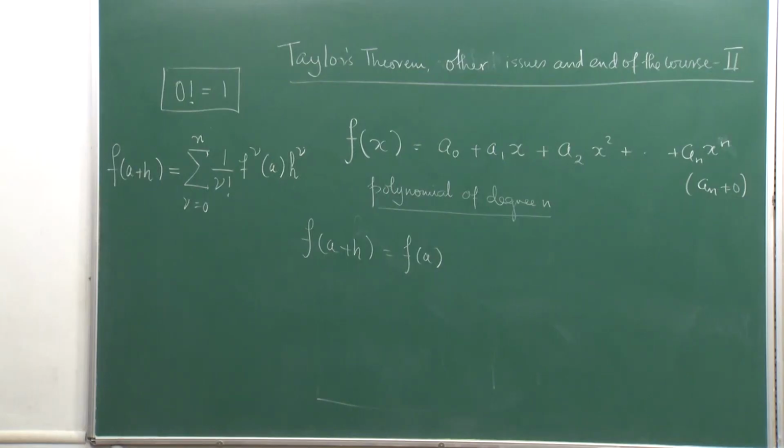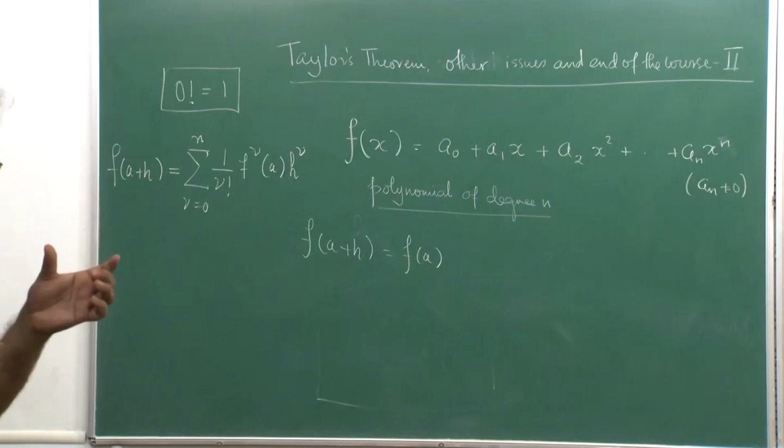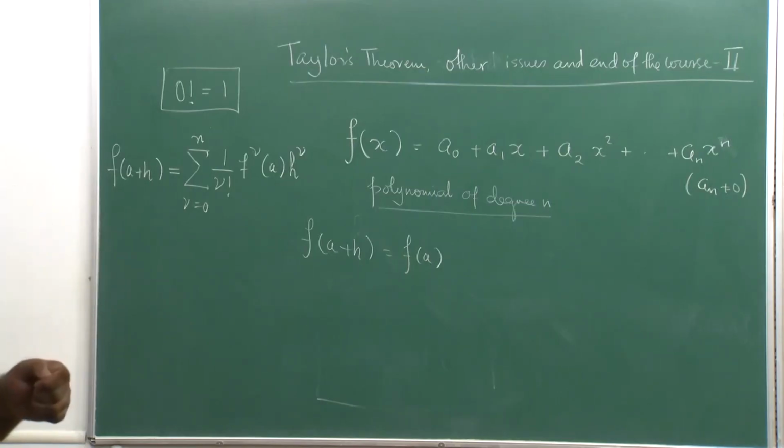As we have been telling when we were talking about the Lagrange mean value theorem, if h is very small, a function can be approximated by a linear function, f a plus f dash a into h, the derivative. It is a better approximation if you take a quadratic function, where the second term comes. It is a much better approximation if the cubic term comes.